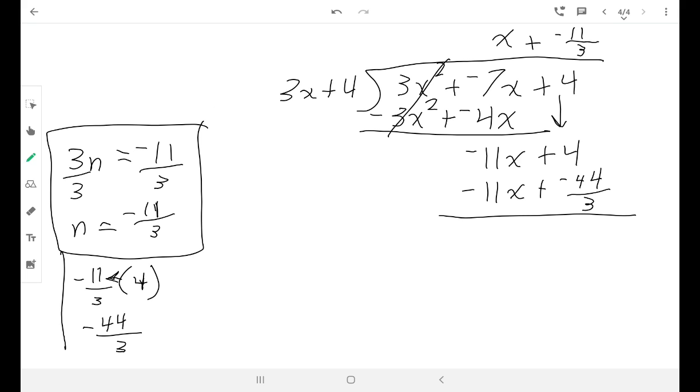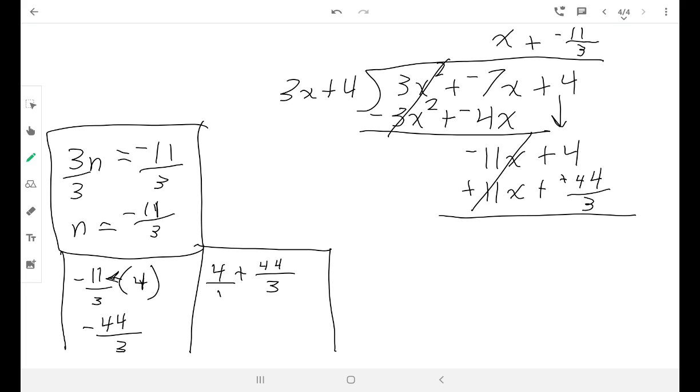Now I have to subtract these, so change the signs. So I'm subtracting. Those two cancel. They better cancel. That's how I designed it. And then one more piece of side work here. That side work is I need to do 4 plus 44 over 3.